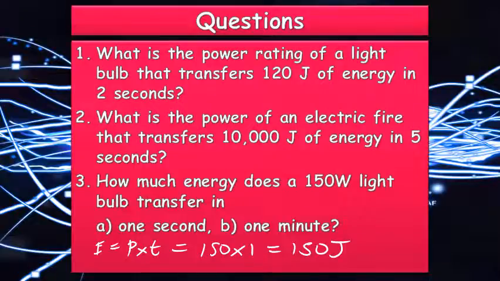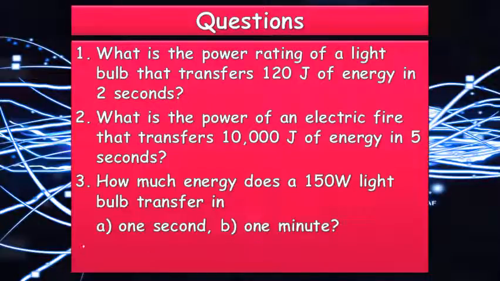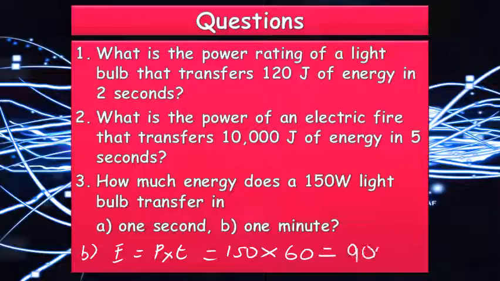For part B, again, energy equals P times T, which equals 150 times 60, which equals 9,000 joules. So those are the answers for that one.